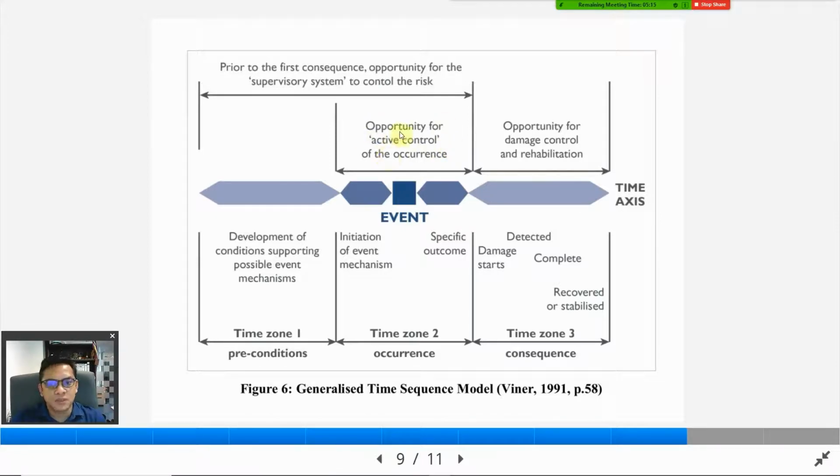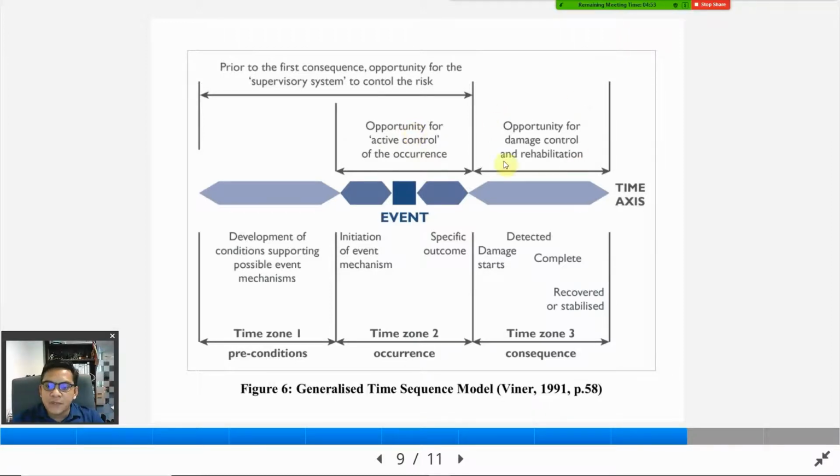Accident already happened here, but there is still opportunity for damage control, not to let the fire spread, to not let the explosion from one area go to another area, right?